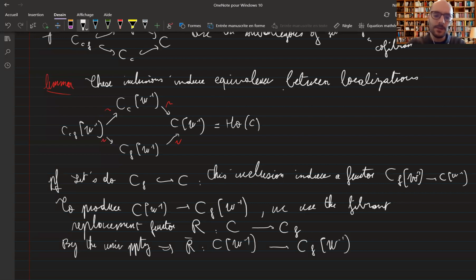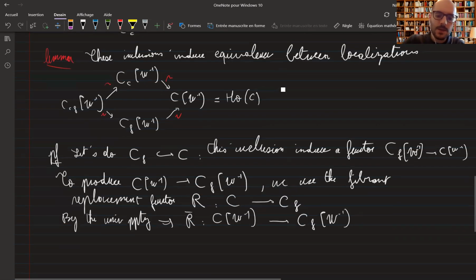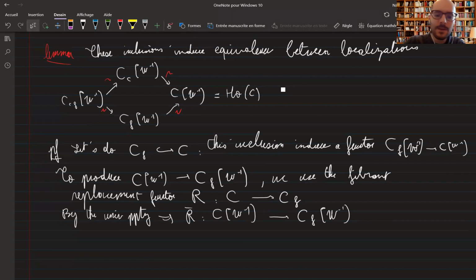All right, this functor, if you post-compose it with the localization of CF, you can check pretty easily that it sends elements of W to elements of W, all right? So you get this diagram.